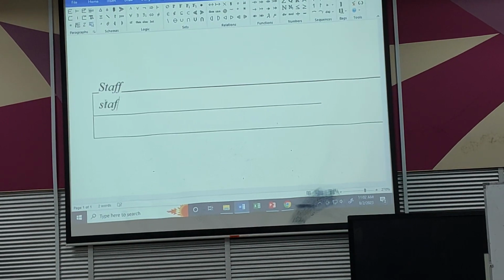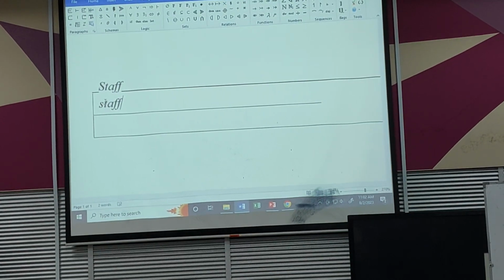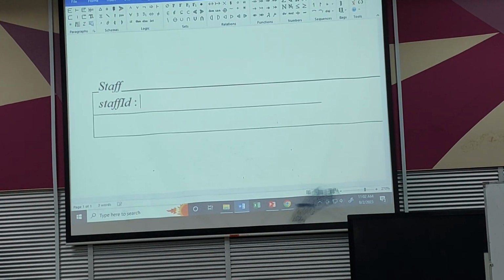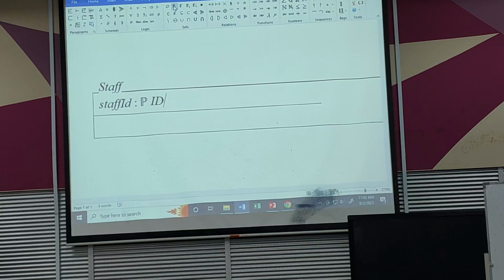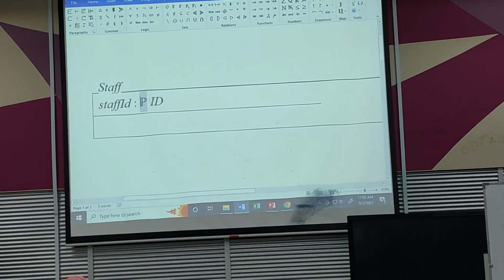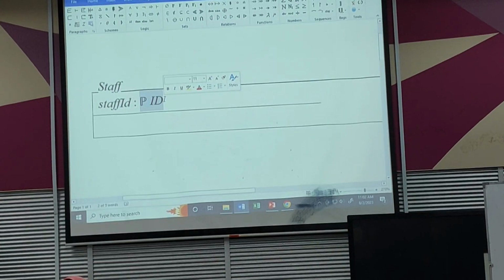So you create a variable maybe called staff ID, power set of ID, for example. When it is a primary key, you just do one, because this is to show your whole records inside your database.